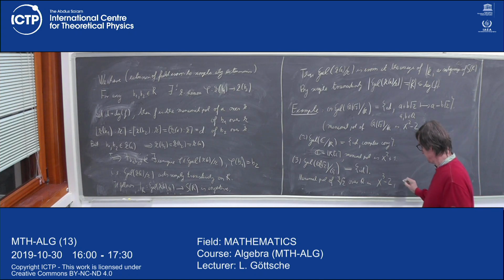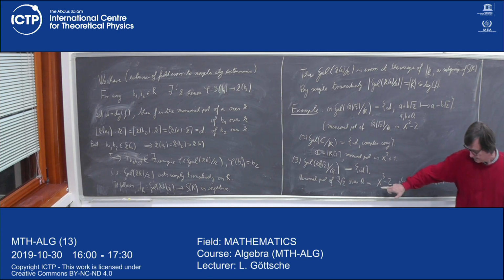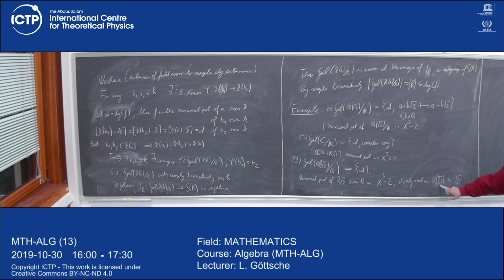And its only root in Q(∛2) is ∛2. Because in the complex numbers, the other two roots are genuinely complex, they are not real. And as the elements of this field are real numbers, it follows that the only root of this polynomial in this field is this one.